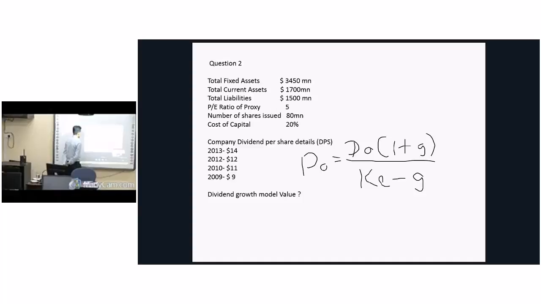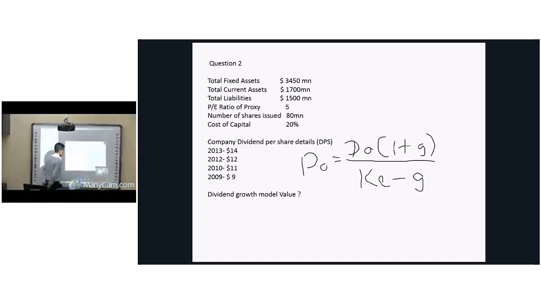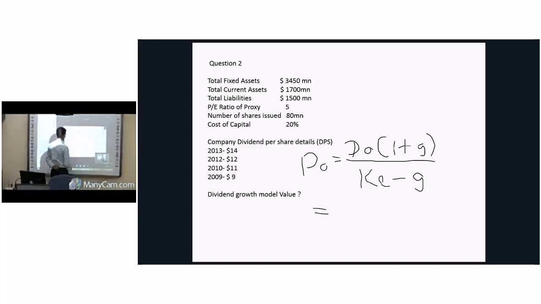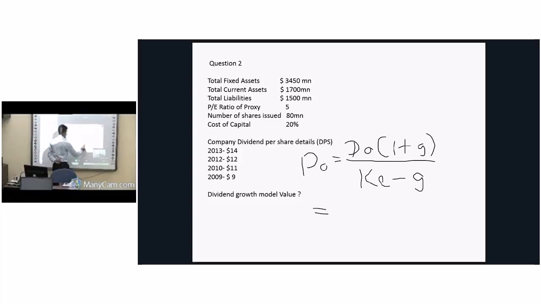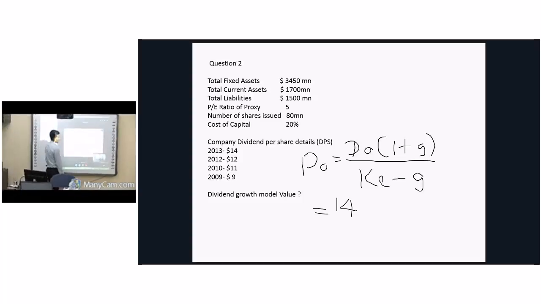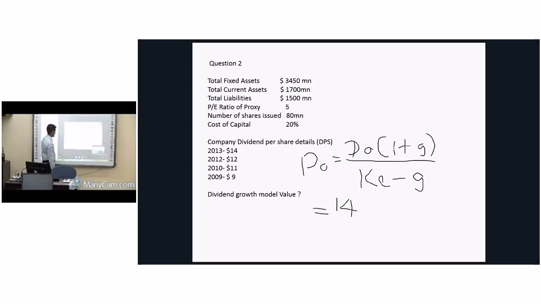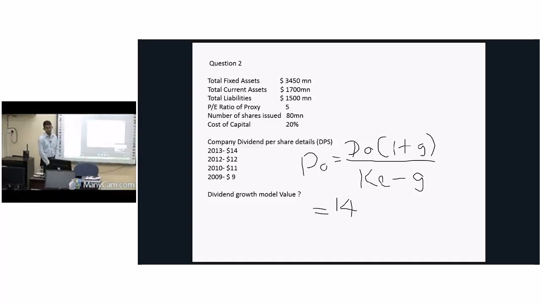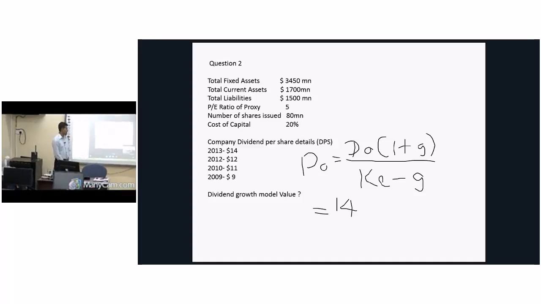So if we are in 2013, D0 is 14. All of you can easily identify that. But what we want is D1. So for that we need g, the growth rate. Have I been given the growth rate? No, I have not given the growth rate.